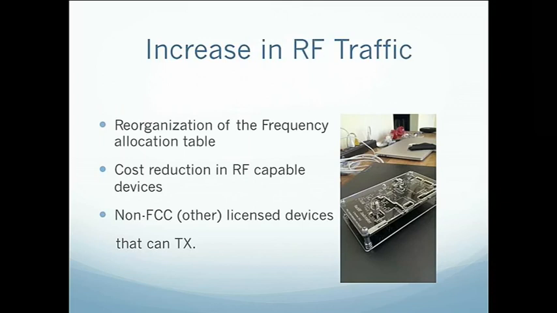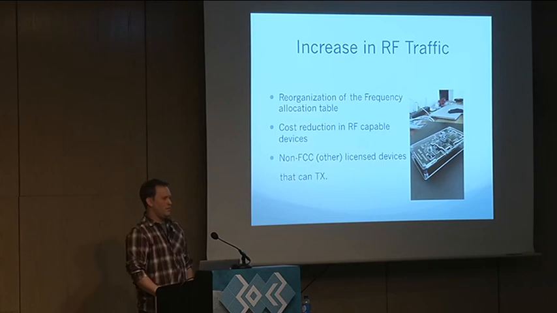As you all know, in recent times there's been a great deal of increase in RF traffic. We can particularly see this in the United States because of the FCC working to reorganize the frequency allocation table, basically making channels less wide because of the accuracy of the hardware and the increase in numbers of people using the RF spectrum.